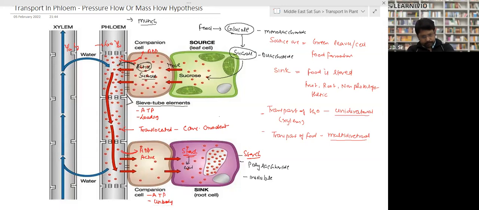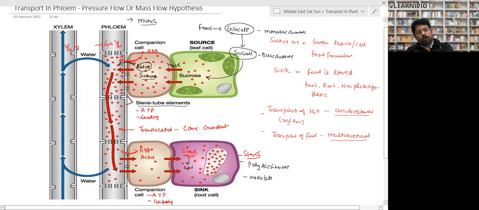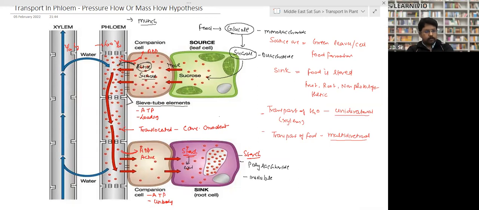Full stop. This is called unloading of food. Full stop.